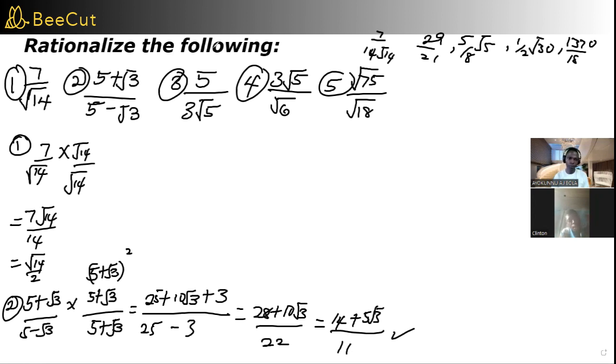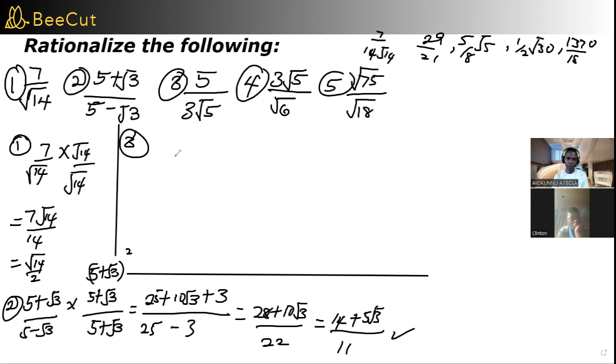While to number 3, I have 5 over 3 root 5.